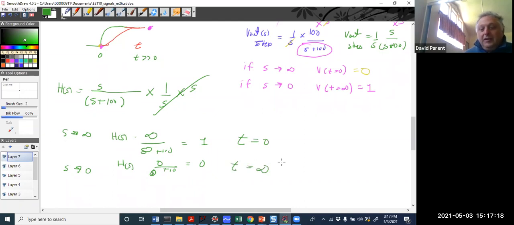So when S is infinity, time is 0. When S is 0, time is infinity. And so we have our 1, we have our 0, and we know that it's exponential decay.